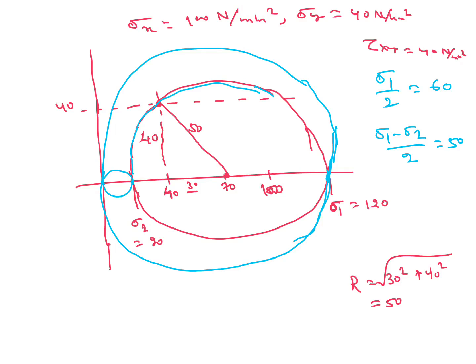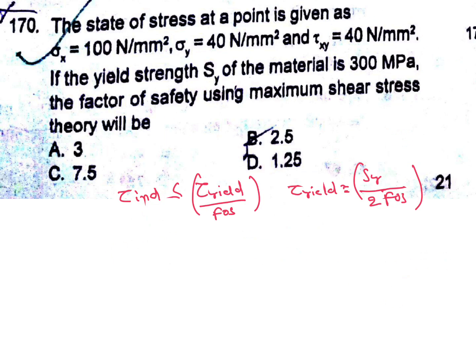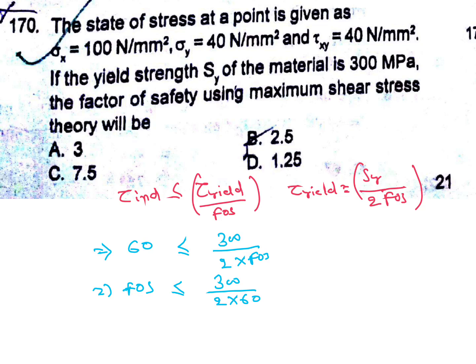Then sigma 2 by 2, it's 10. The maximum value is 60. So you put that value, 60 less than or equal to 300 by 2 into factor of safety. Factor of safety should be less than 300 by 2, 60.